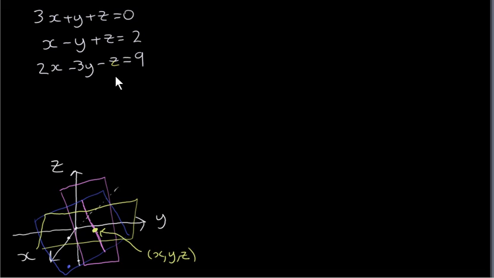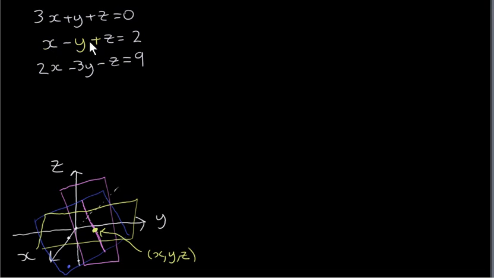Then what we will have to do is take a different pair of these three equations and eliminate z again. So that'll give us a second equation in x and y. We will have two equations in x and y, and we can solve between those two equations to find x and y. Once we've found x and y, we plug that pair of numbers x and y into one of these equations and find z.